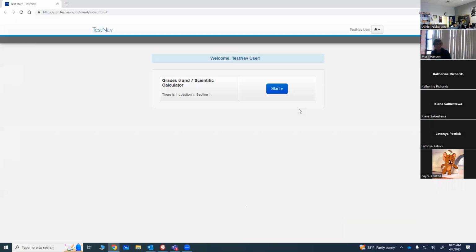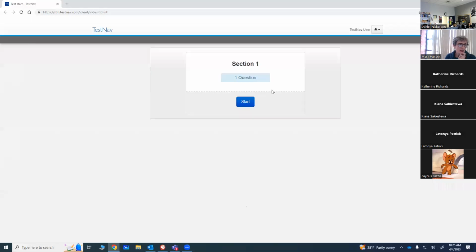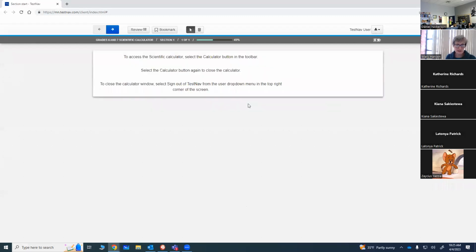Hey, Curtis. This is just a shell of a test that has the calculator in it. When you get to this screen, you press start, and then you press start again. That takes you into this basically fake test.